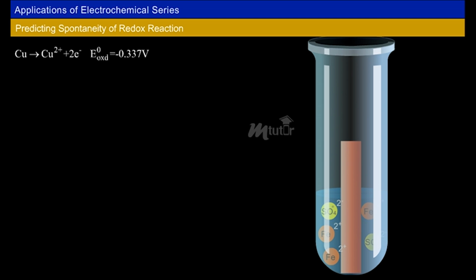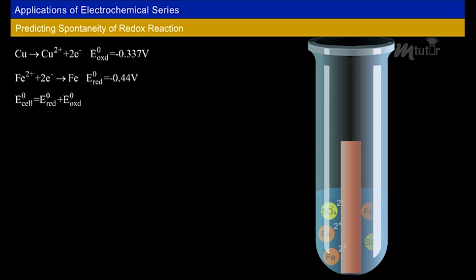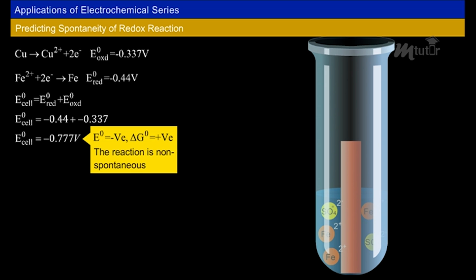The potential value of this reaction is minus 0.337 volts. Iron gains 2 electrons and gets reduced. The potential value of this reaction is minus 0.44 volts. So, E naught is negative, but free energy change is positive, and it's a non-spontaneous reaction.